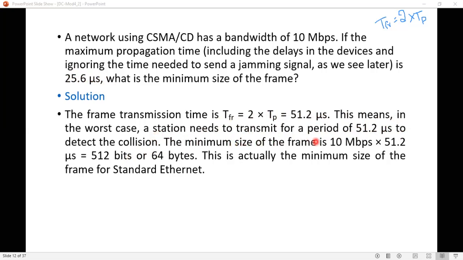How do we find the size of the frame? In the earlier class we had a formula: minimum frame size is equal to bandwidth into TFR, isn't it? Let us see. Frame size is equal to bandwidth into average frame transmission time, TFR.